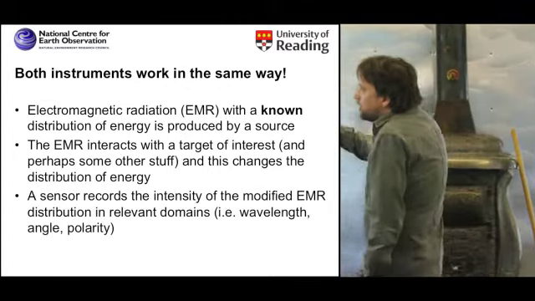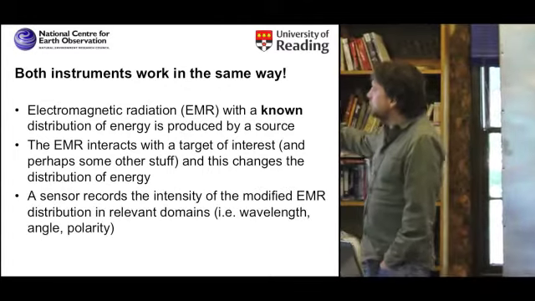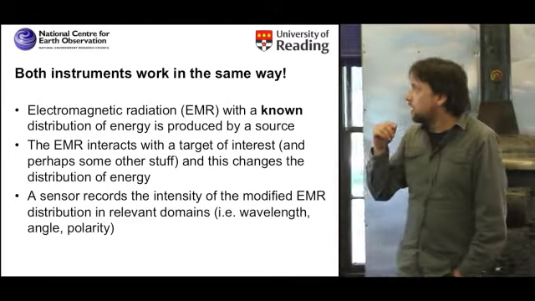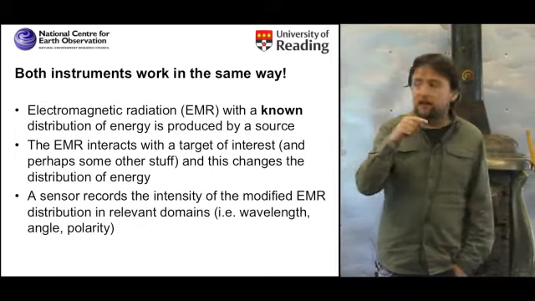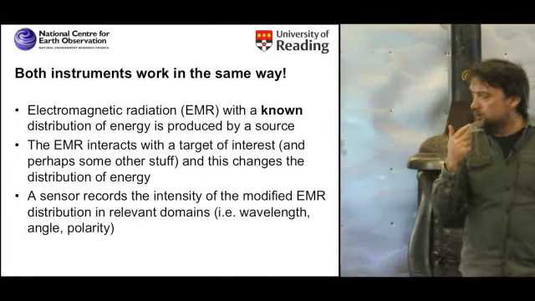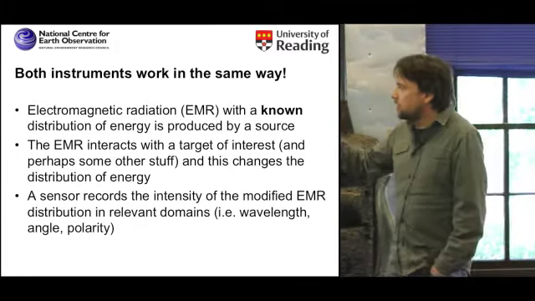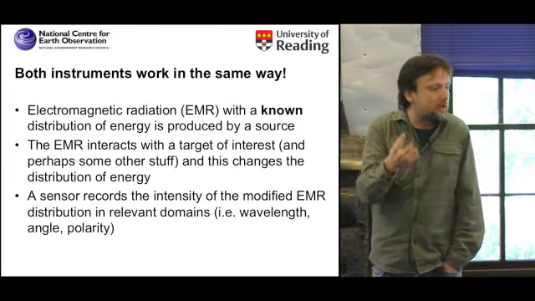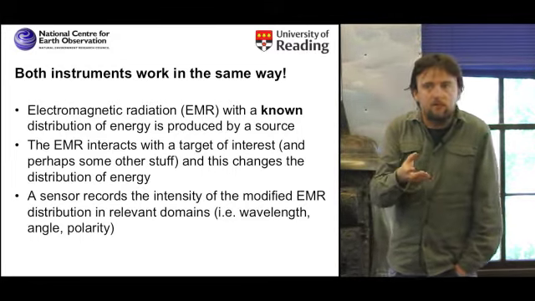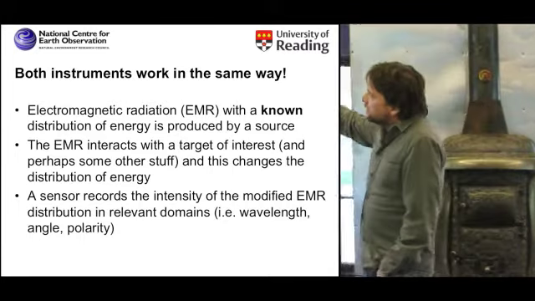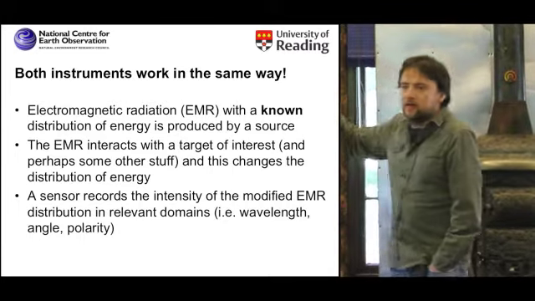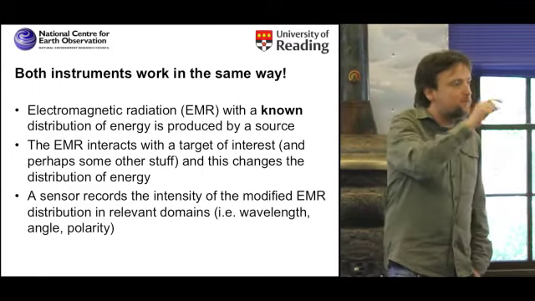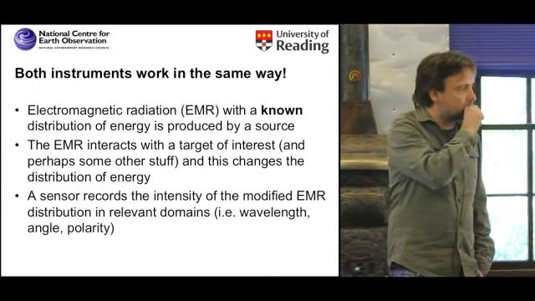Some sensor records the intensity of the modified electromagnetic radiation in certain relevant domains. So, for example, in certain wavelengths or at certain angles or at certain polarities. And by knowing the distribution of the source radiation and the distribution of the modified radiation, we can infer something about what we're measuring.